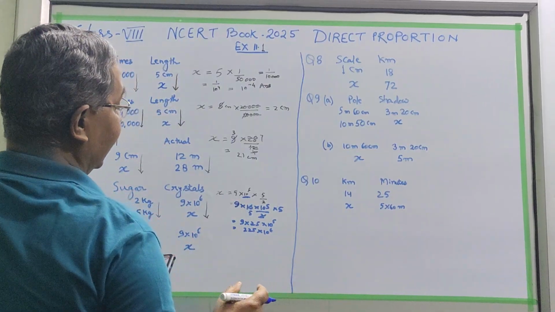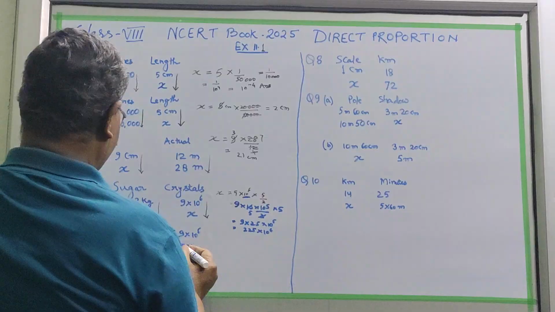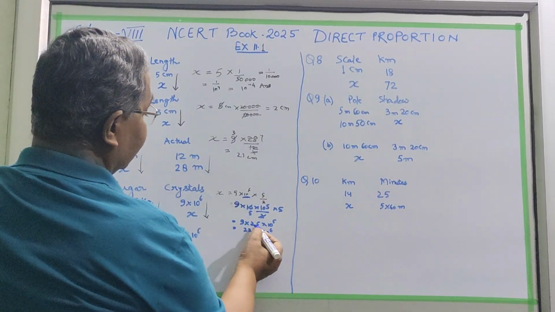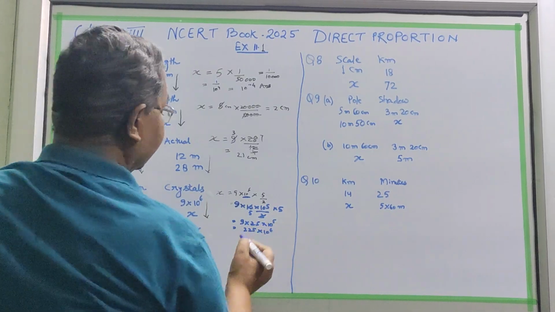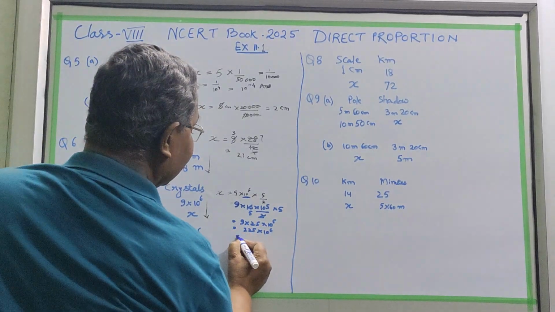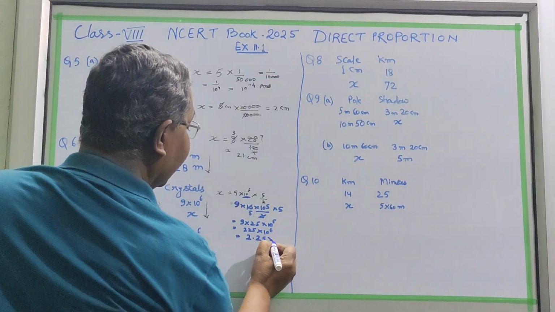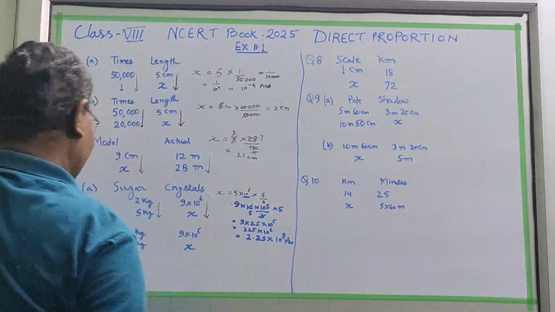Answer will be like this one. Okay. Now one thing also we can do. Or we can write it like this: 2.25 into 10 to the power 8, and this is your final answer.